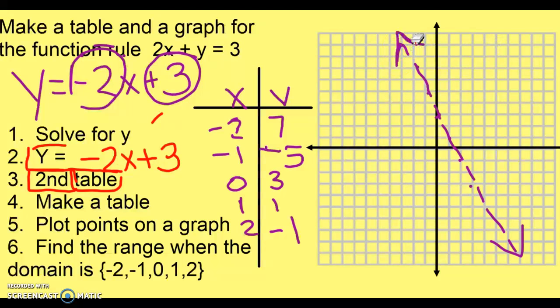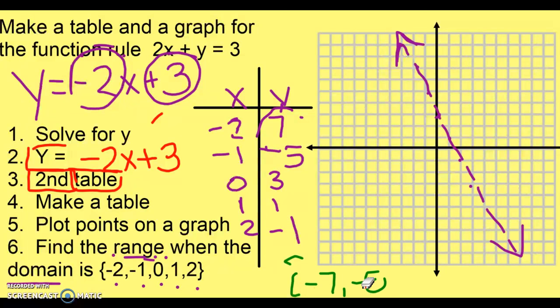All right, so we're trying to find the range when the domain is negative 2, negative 1, 0, 1, and 2. So we are listing points now. Now look, all you have to do is look in your table. There's your range. All right, so your range is going to be, what is that? Negative 7, negative 5.